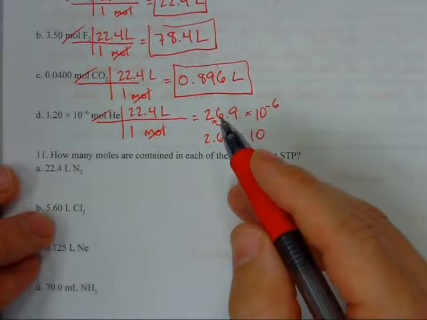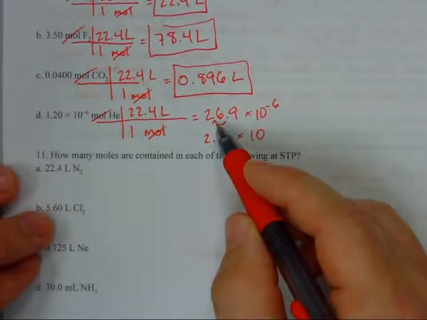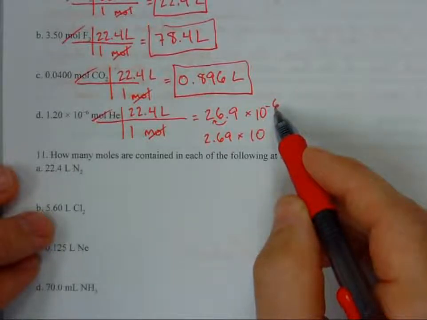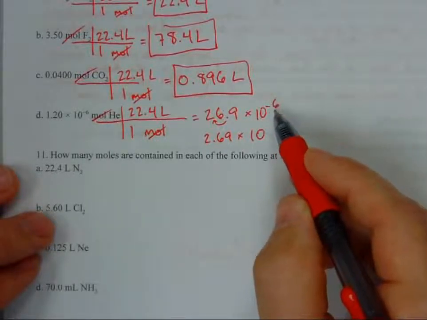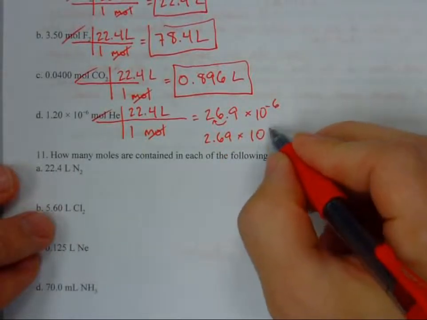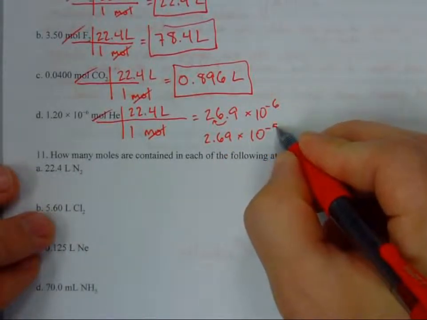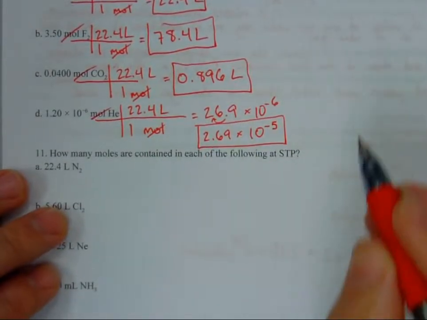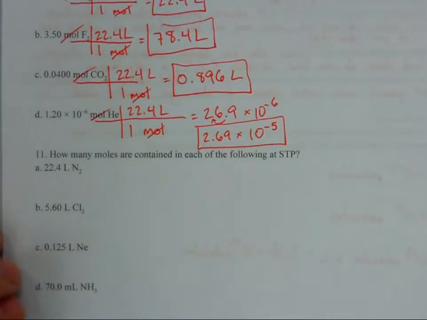It's too large. So, when I move 1 decimal place, I have to change my exponent by 1. And I have to change it so that it represents the fact that this number got bigger. Well, this is a negative number, so 1 larger than negative 6 is negative 5. So your final answer here is 2.69 times 10 to the negative 5th power.